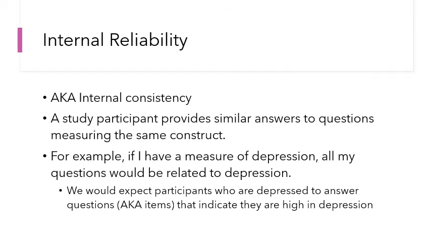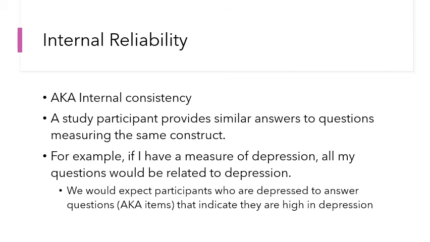Next is really my favorite type of reliability, which is internal reliability. This is also known as internal consistency. This one's a little bit different than the rest of them. This is where, on a measure, we want participants to provide similar answers to the items on that measure if they're measuring the same construct. So for example, and you'll notice I use depression a lot because I work a lot with depression in teenagers, if I have a measure of depression, all my questions should be related to depression.